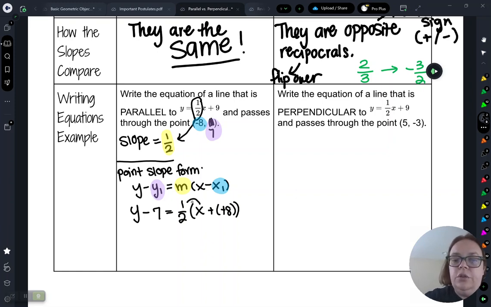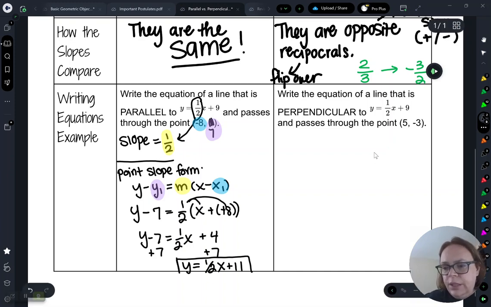We're going to have to distribute. One half times x is 1/2 x, and 1/2 times 8 is 4. It's half of 8. And then we're going to move the -7 by adding 7 to both sides. And we get our answer is y equals 1/2 x plus 11.